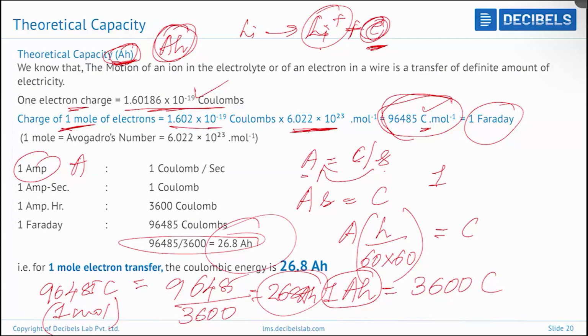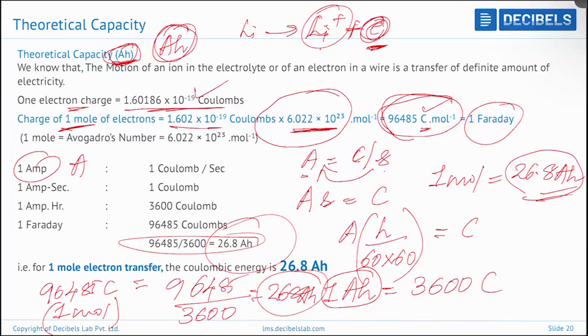So 1 mole of lithium means 26.8 Ah. That means Avogadro number, 6.023 times 10 power 23, of lithium ions are being stored. That gives the capacity of 26.8 Ah.